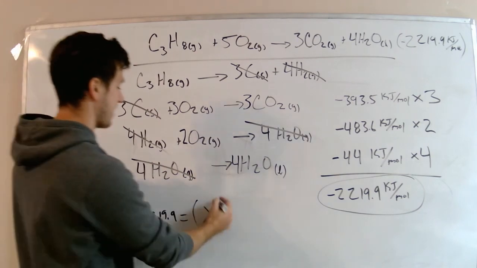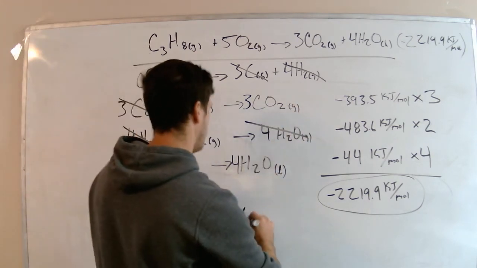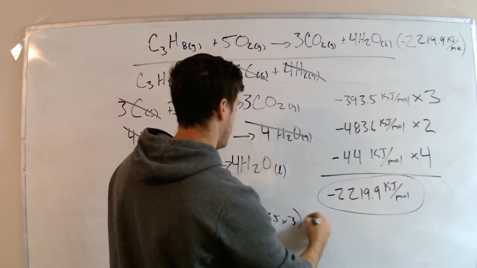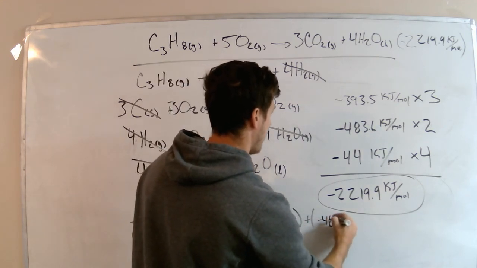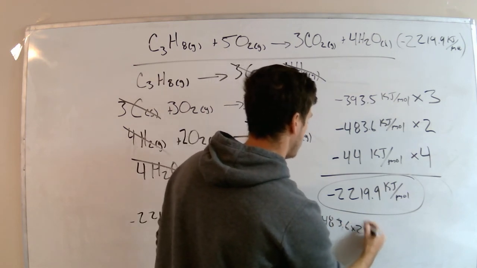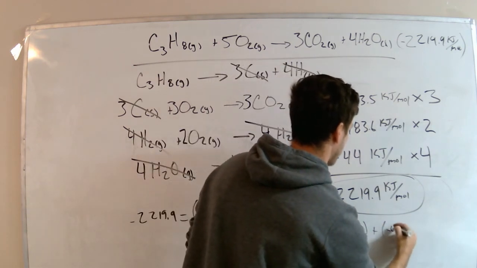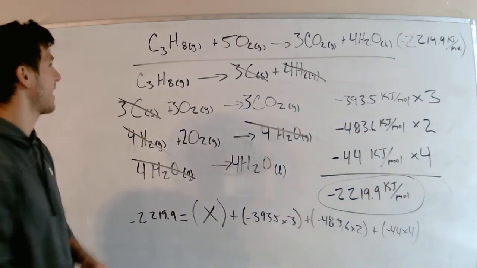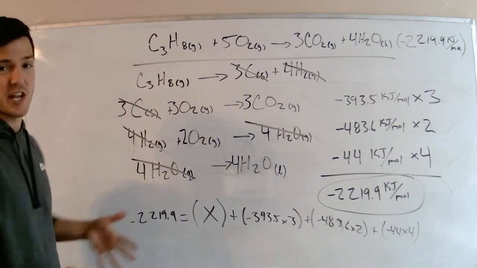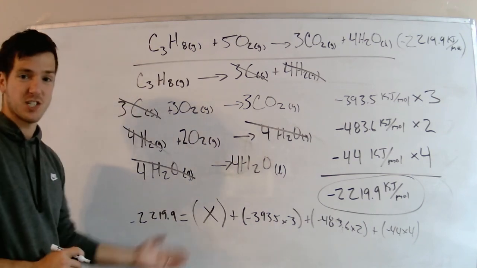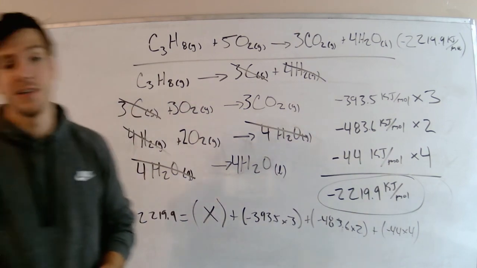So it'd be like x plus negative 393.5 times 3 plus negative 483.6 times 2 plus negative 44 times 4. You might get a situation like that where they give you the overall and a bunch of half reactions, but they don't give you one of the enthalpies for the other half reaction. You'll just have to do a little bit of algebra to figure that out.